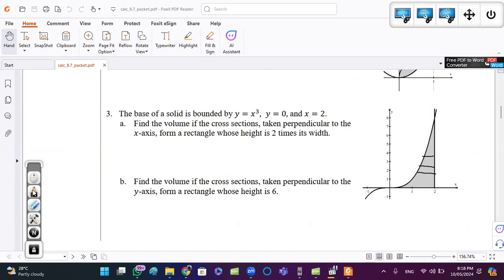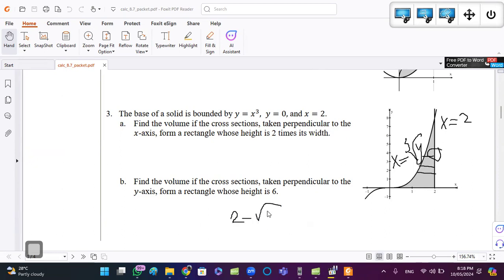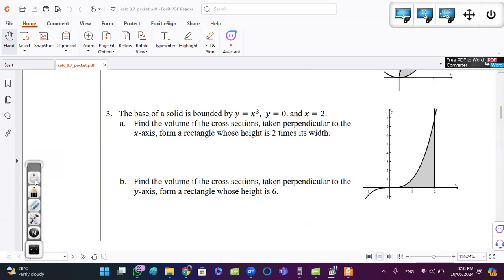Okay, this starts from x equals 2 and x equals cubic root of y, right? So I start from right to left. So 2 minus cubic root of y. You understand? Yes. Okay.